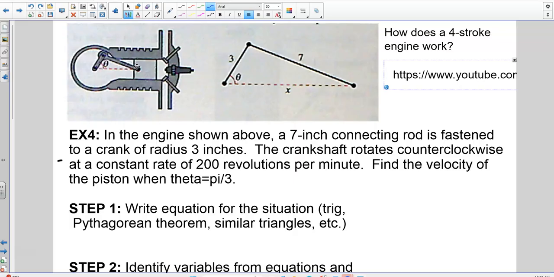Those things do not change, because they are metal rods, and if the length of those rods changed, your car's not working anymore, because it's very precise there. So this distance right here is going to change, because this piston is going up and down, or left and right in this picture, back and forth really, really fast.